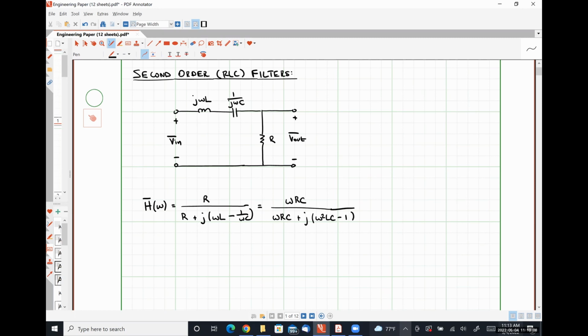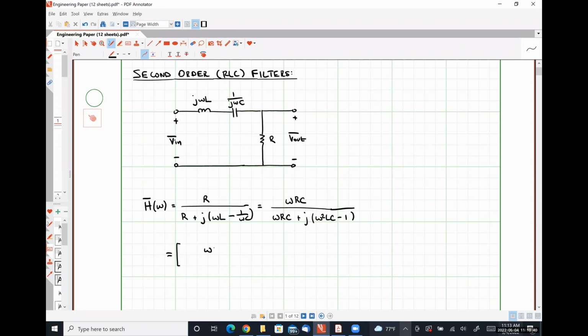So what we are going to do now is split this up into its real component and its imaginary component. All right. So I'm going to do that how I've done it the past several times.